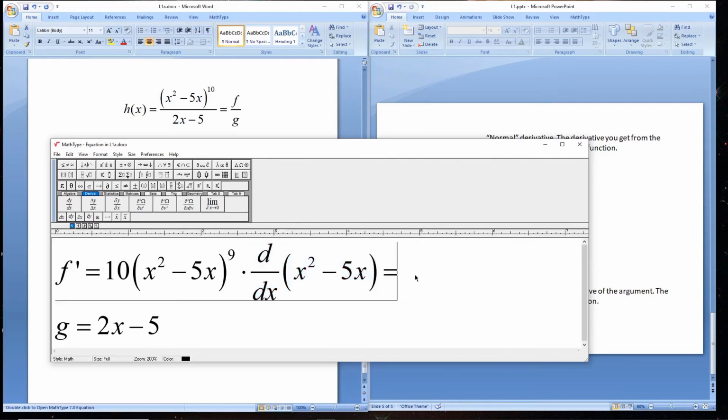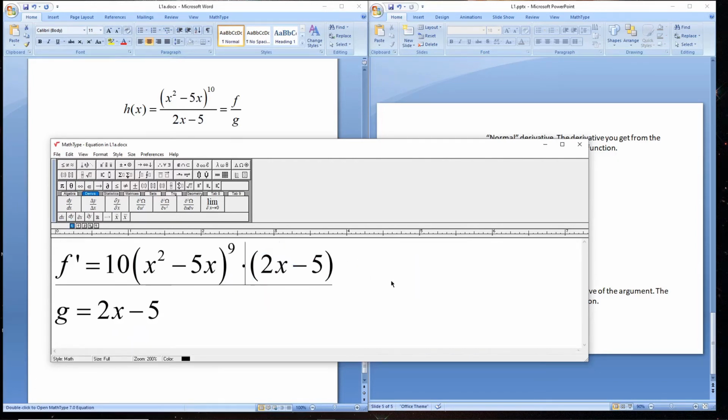So the derivative of x squared is 2x, and the derivative of minus 5x is minus 5. And so this is our derivative, and this is the derivative then of f.